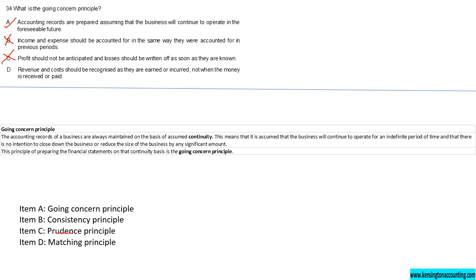And D, revenue and costs should be recognized as they are earned or incurred, not when money is received or paid. Obviously, that's matching principle, which requires that revenue should be stated in the income statement on an earned basis, not on a receipt basis, and expenses are charged to the income statement on an incurred basis, not on a payment basis. Therefore, answer D is also wrong. Therefore, the correct answer is A.